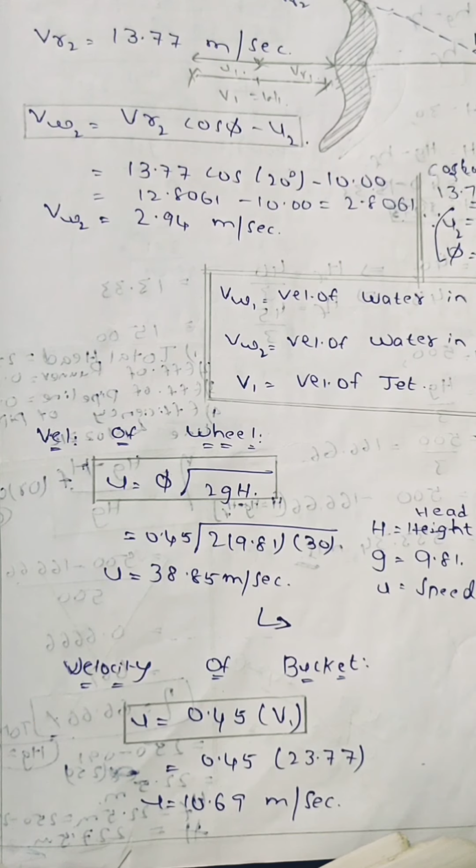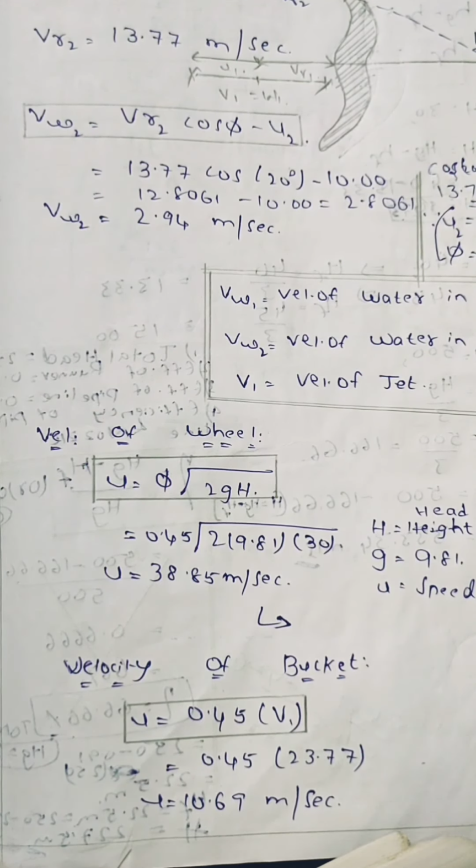Now the velocity of the wheel, if we have to find it. Vw1 is the velocity of the water at inlet, Vw2 the velocity of the water at outlet, and V1 the velocity of the jet. The velocity of the wheel u equals 0.5 root of 2gH, with g equals 9.81, acceleration due to gravity, and H equals 30.